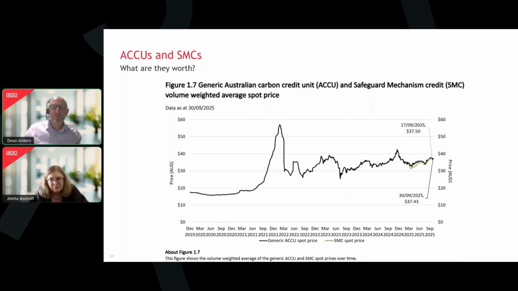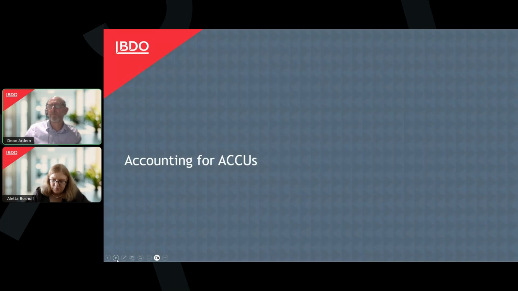I think the general thinking at the moment is that the market for these prices is not active, because, maybe if I go back to one of the previous slides where you looked at who actually holds a lot of the ACCUs, those entities are holding them to surrender. So the market itself is quite large, but probably the number of ACCUs that are actually hitting the market is relatively small. As a consequence, we tend to take the view that these markets are not active at this point in time, probably because of the nature of what these products do and who's actually holding them.